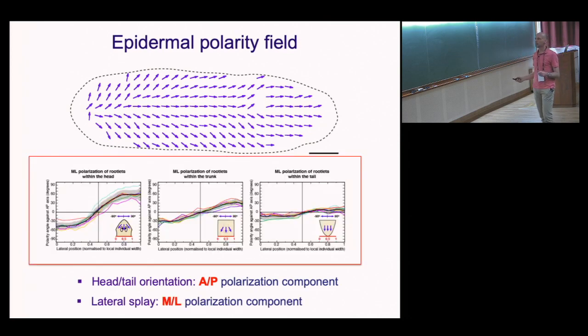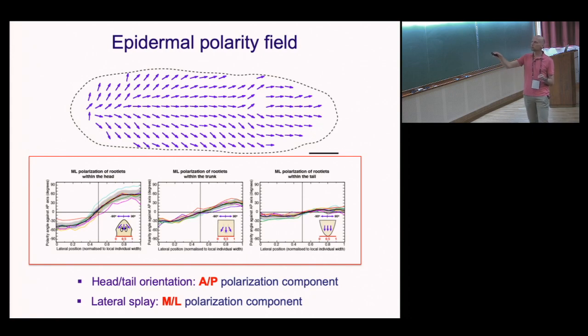And so we can quantify this. I'm going to show you a lot of these plots where 0 means the orientation of cilia straight along the AP axis, and then deviations towards this side mean increasing angles, and 90 degrees would mean oriented at right angles to the midline, like so, or minus 90 degrees would be oriented at right angles in this direction.